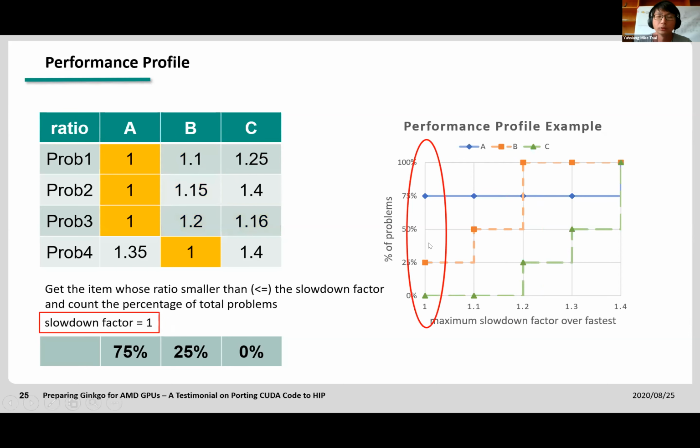So given this performance profile, we can get more information than from one picture. In the one here, we know the A implementation is the best one in all of our problems.